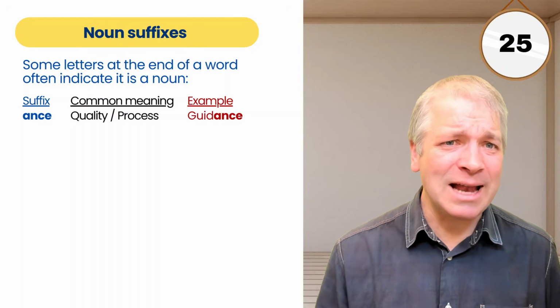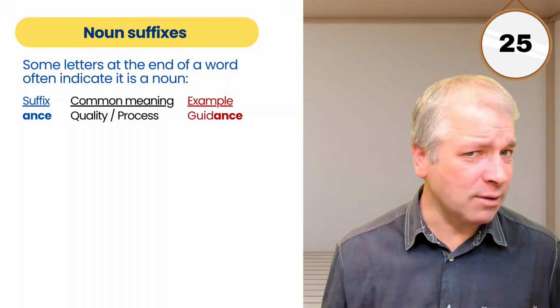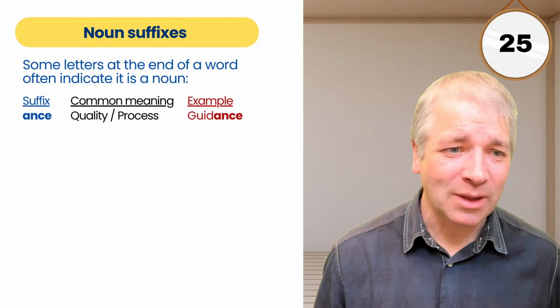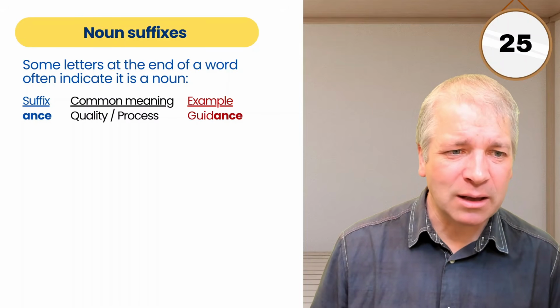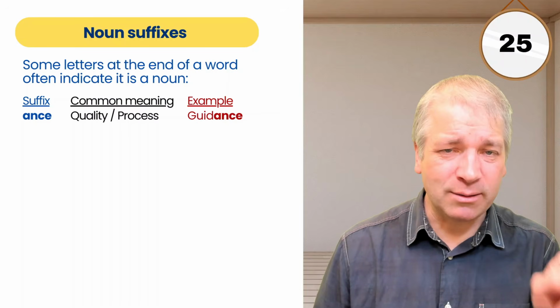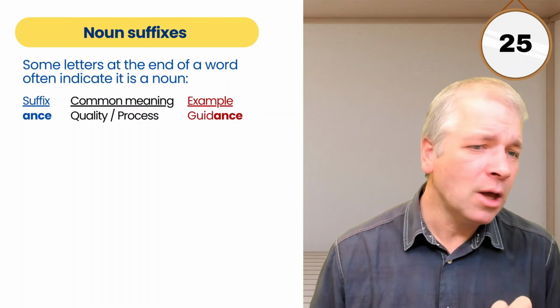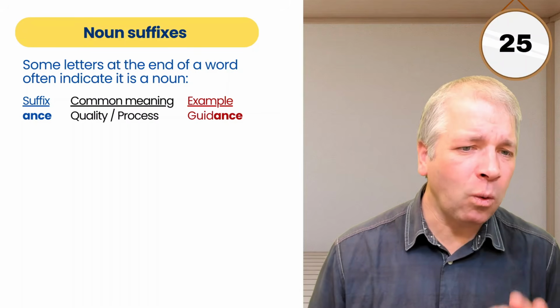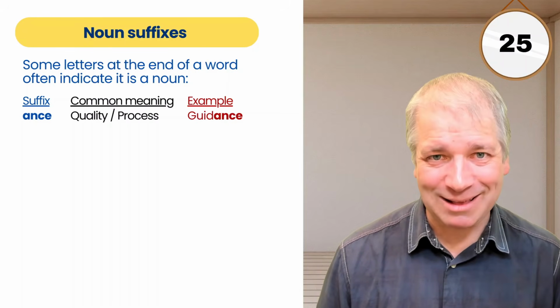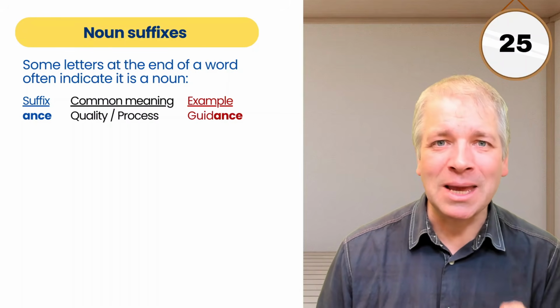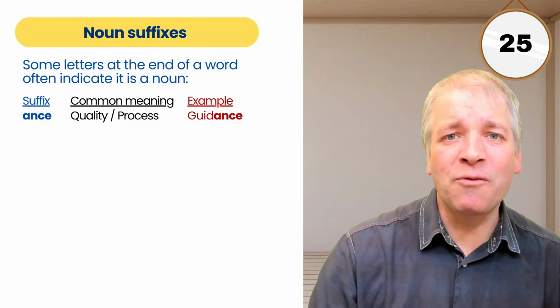First of all, ANCE. For example, guidance. ANCE is normally a suffix, meaning the letters at the end of a word, which has the common meaning of quality or process. So this takes the process meaning. Guidance is a form of a process.